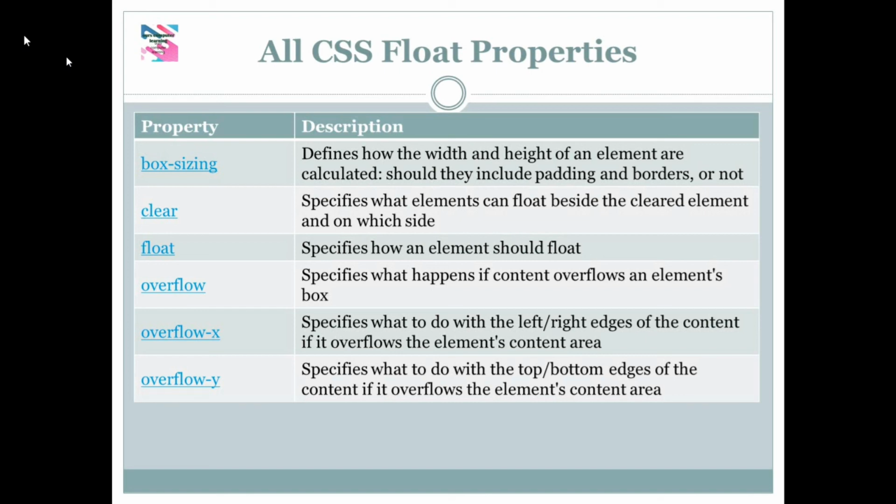Overflow specifies what happens if content overflows an element's box. Overflow-x specifies what to do with the left and right edges of the content if it overflows the element content area. Overflow-y specifies what to do with the top and bottom edges of the content if it overflows the element content area.